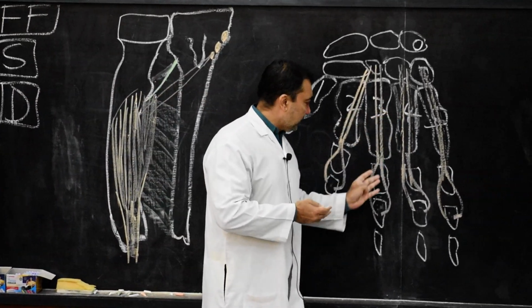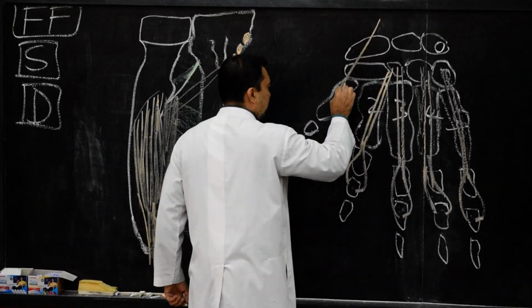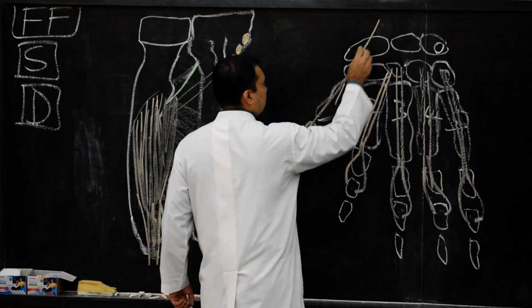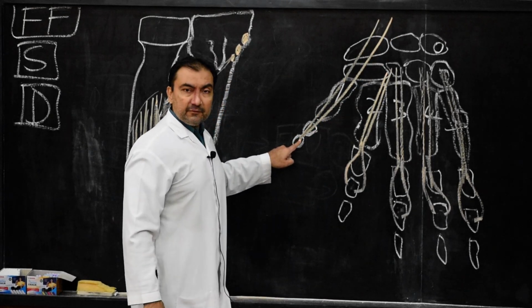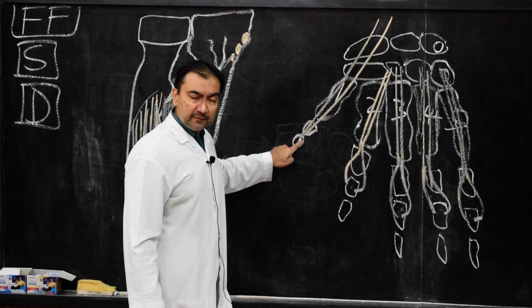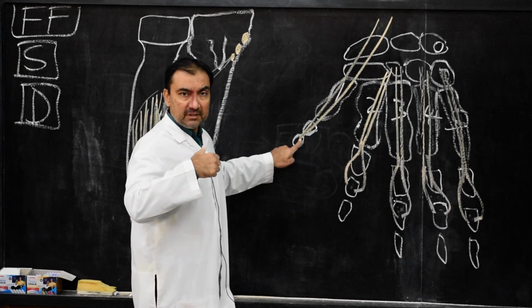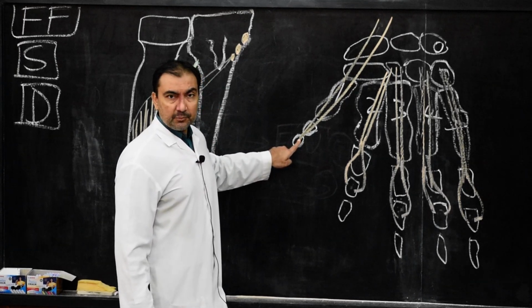The entire carpal and metacarpal bone. The tendon of flexor pollicis longus will then be inserted directly into the palmar surface of the base of the distal phalanx of the thumb, or palmar surface of the base of distal phalanx of the pollex. This is the insertion of flexor pollicis longus.